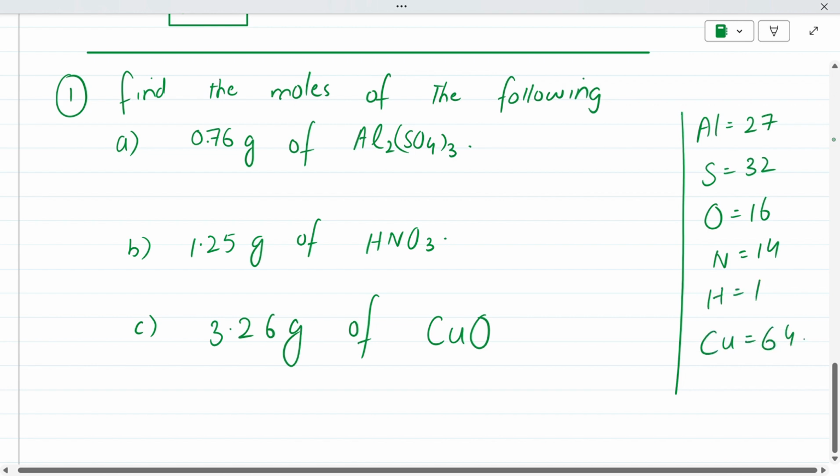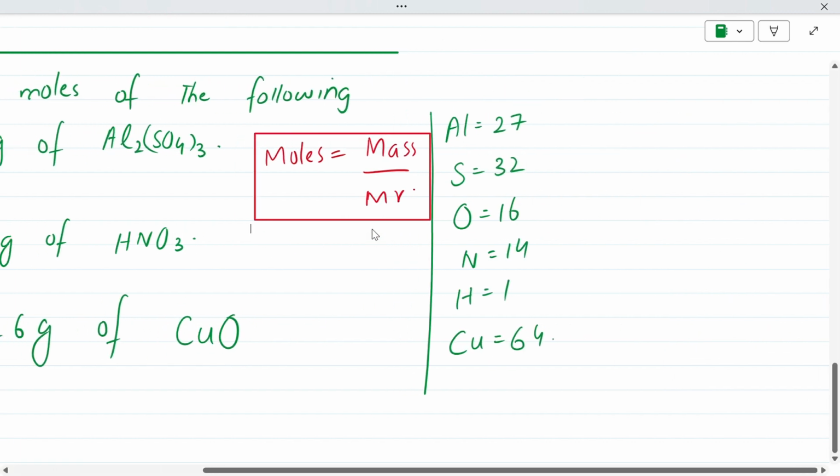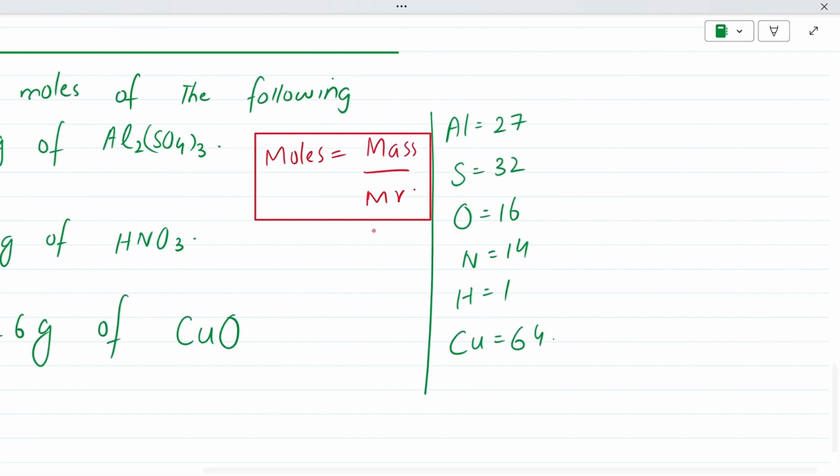You have to calculate, and remember, you will be using this relation. Moles equals what? The formula is mass over Mr. Find the Mr first of all. Let's look at the first question and do it together. We have aluminum sulfate, Al2(SO4)3.